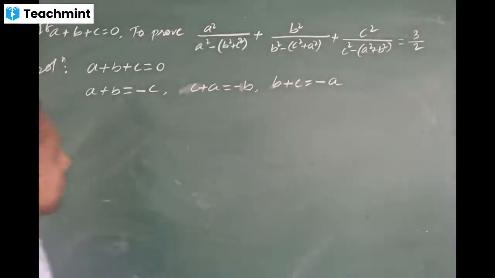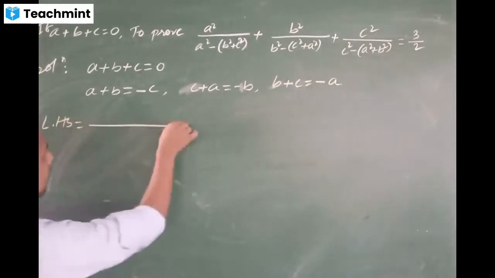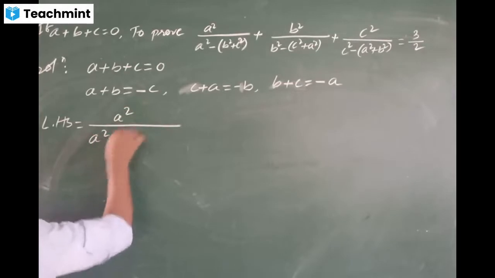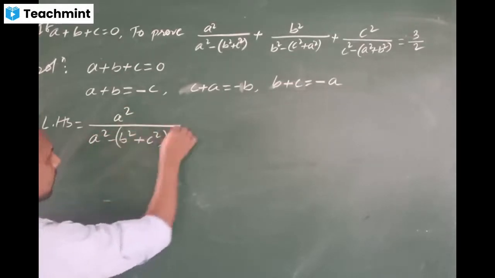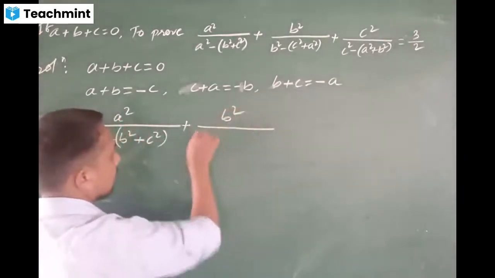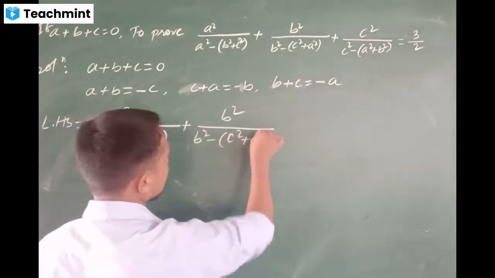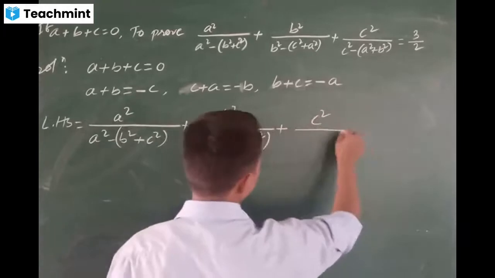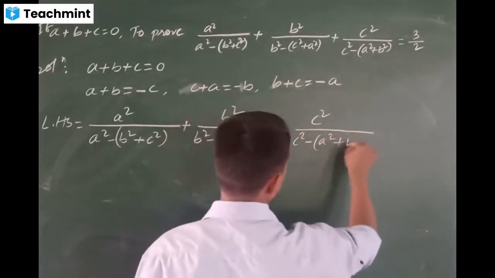After that, the left hand side we take. Left hand side: a square by (a square minus (b square plus c square)) plus b square by (b square minus (c square plus a square)) plus c square by (c square minus (a square plus b square)).